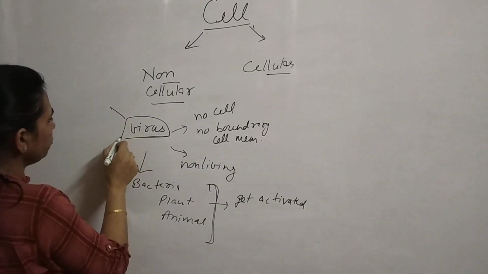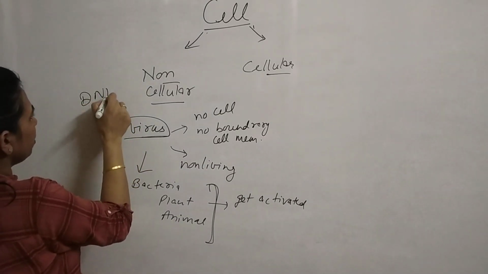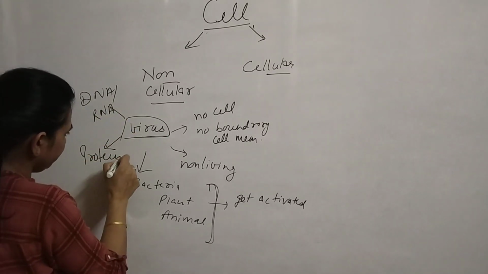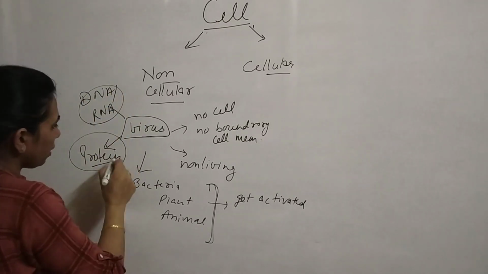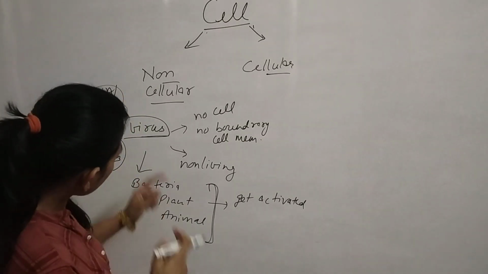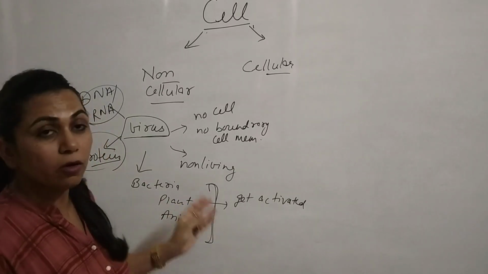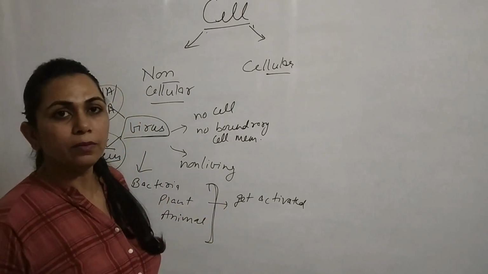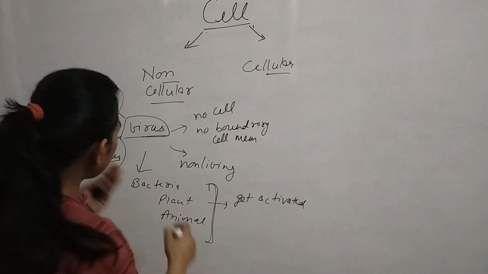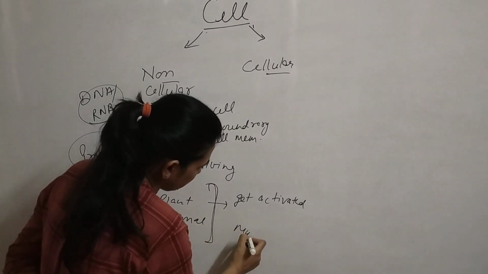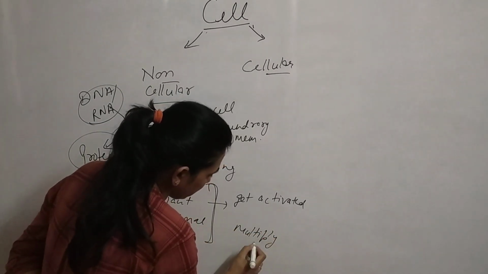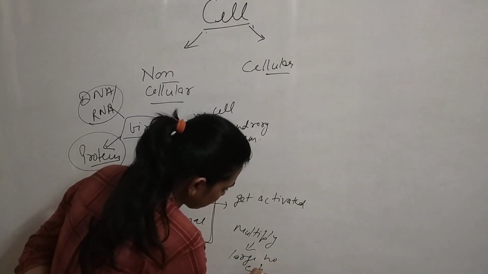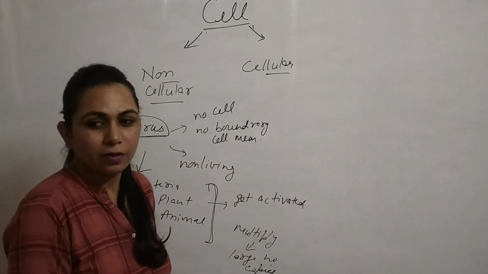It mainly consists of two things, DNA or RNA and protein. So these two are its basic components. It constructs its own body parts, multiplies and produces a large number of copies.